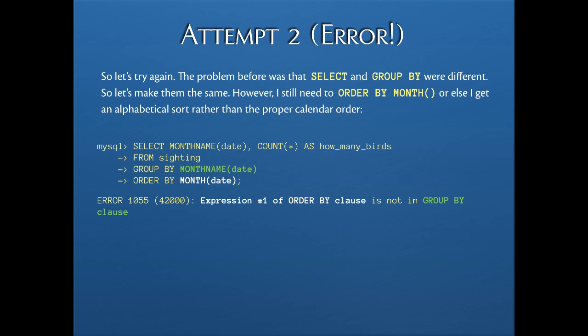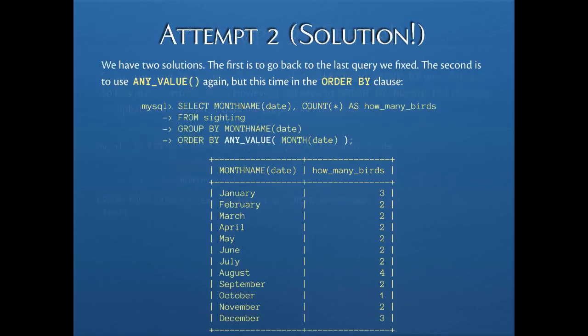Now, in this case, I have to select month name because I want the prose version, the text version of the month. I have to order by month numeric to get it in calendar order. So what gives? Well, we've already seen the solution, believe it or not. The solution is to use any value again. I can use any value wherever this problem starts to show its ugly head.